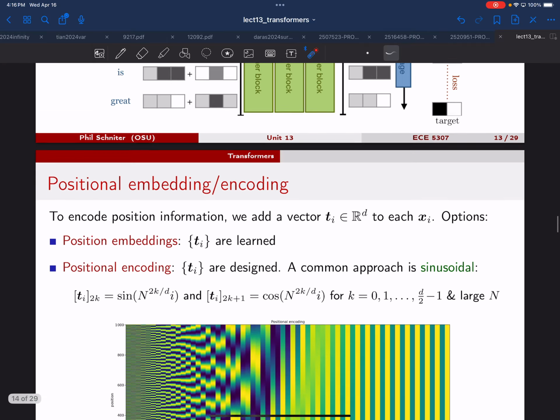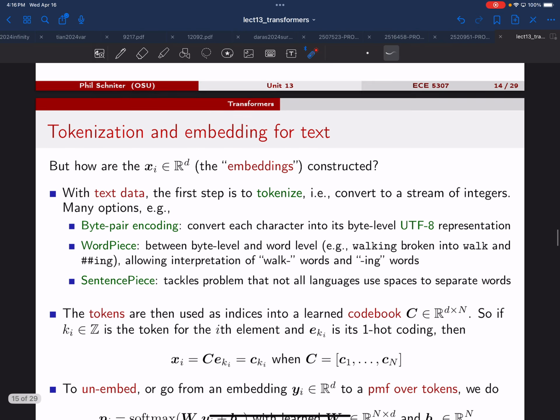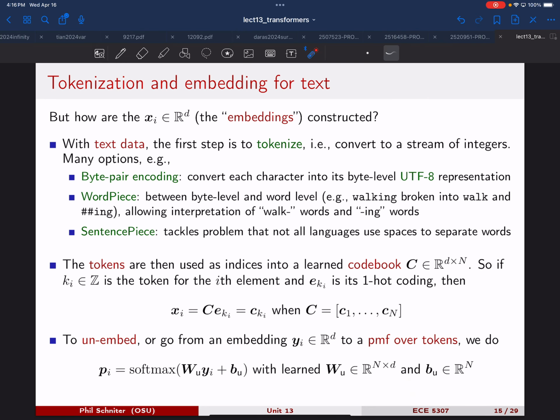Okay, so we talked about how we do the positional encoding. We talked a bit about how we do tokenization. Tokenization is a two-step process: tokenization is one step, embedding is the second step. In tokenization, you convert text to integers. There are various ways to do this.